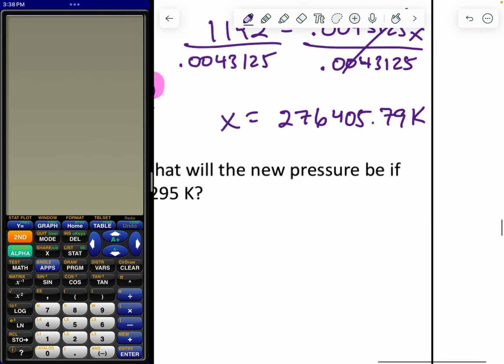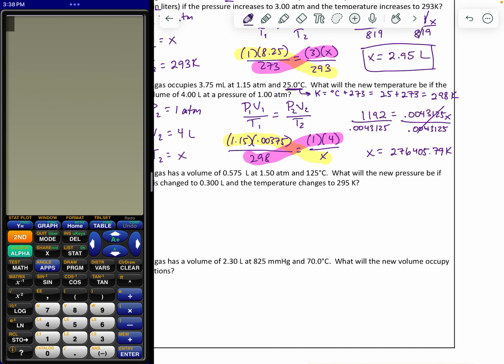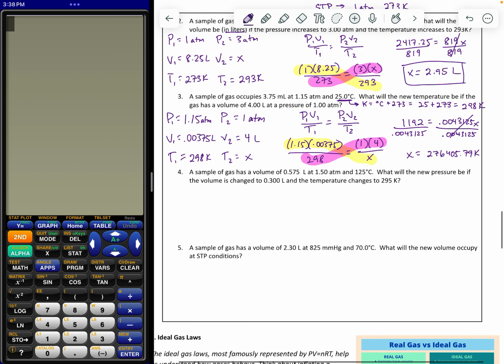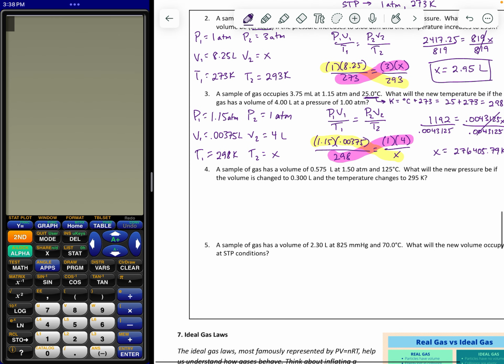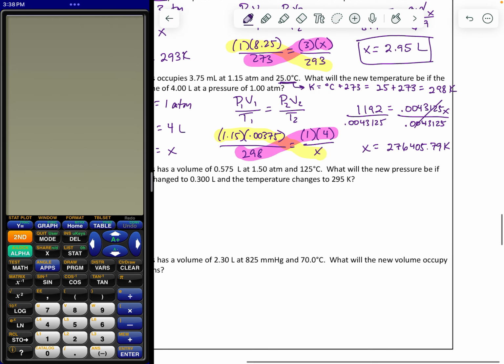So this is way too big of a temperature change, but I guess it makes sense if the volume has gone up that much while the pressure is going down as well. So those collisions with the walls are going down slightly, but the amount of space that these particles are taking up must mean that they're moving really fast, as you can see.